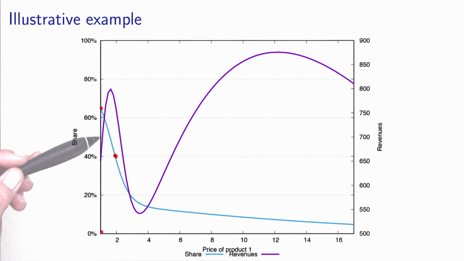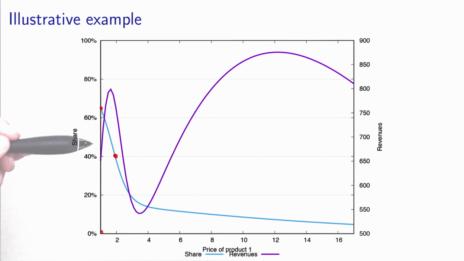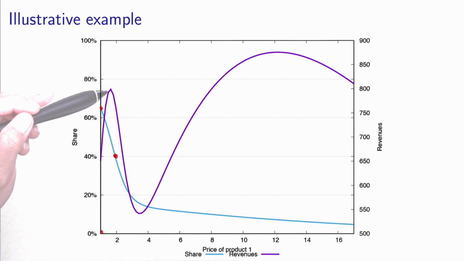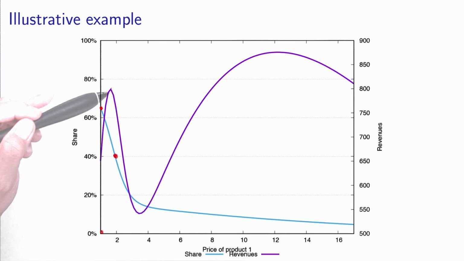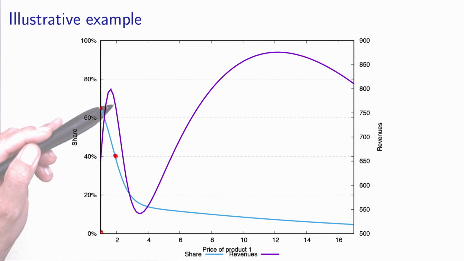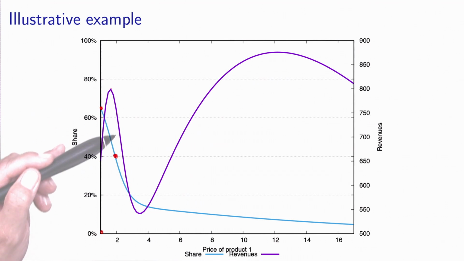Indeed, each sale will generate more revenue, and therefore you will reach this local optimum here, which is about 2, maybe a little bit before 2. Then if you continue to increase the price, people will believe it's too expensive, less people will buy it, and this curve will decrease.